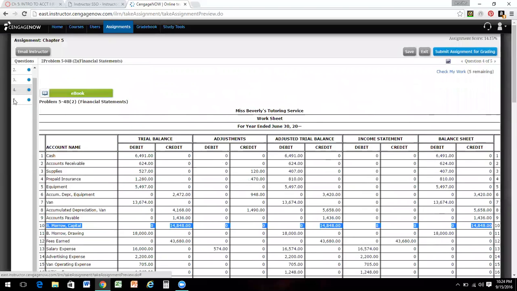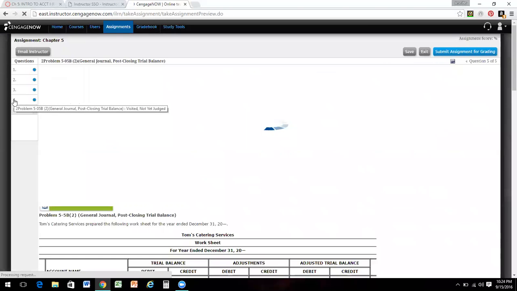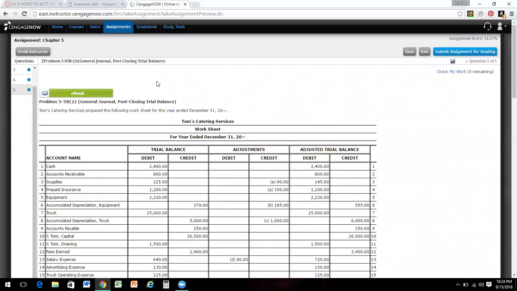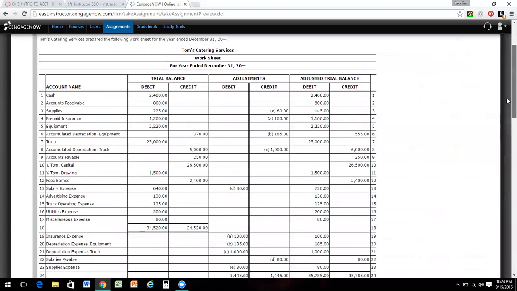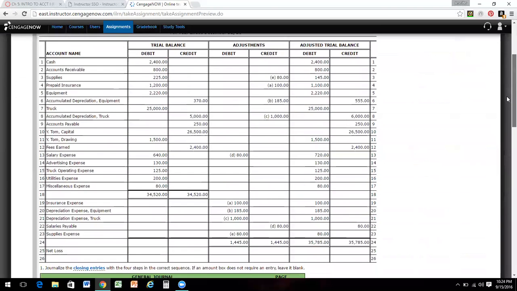All right, so fifth problem. Again, using a worksheet, except this time we don't have the income and balance sheet part. We stop at adjusted trial balance. So you need to be able to identify your accounts.